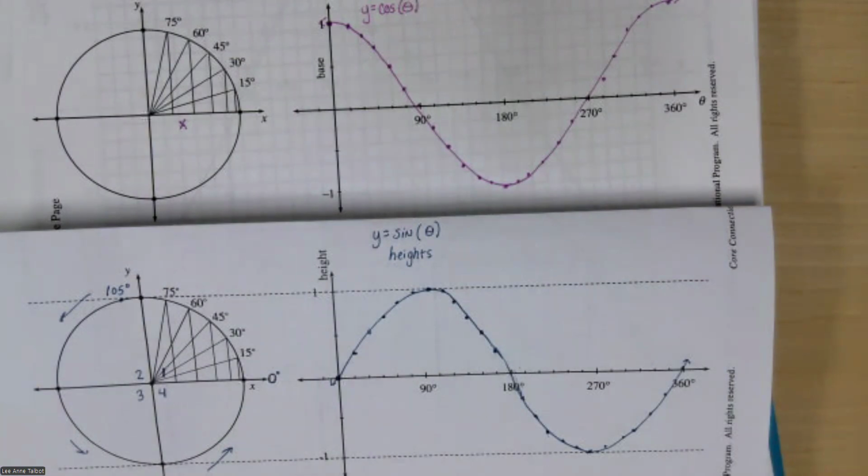What are the similarities and differences between sine and cosine? Sine on the bottom, cosine on the top. First, the sine is the height, cosine is the basis. We know that. What do they have in common? They're both waves, great. What else?